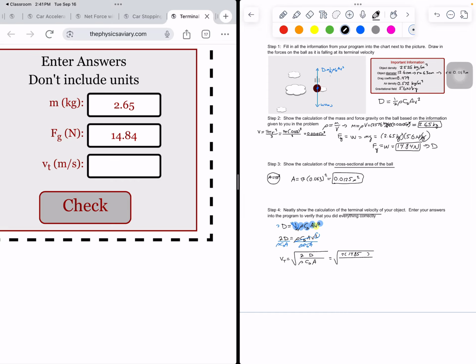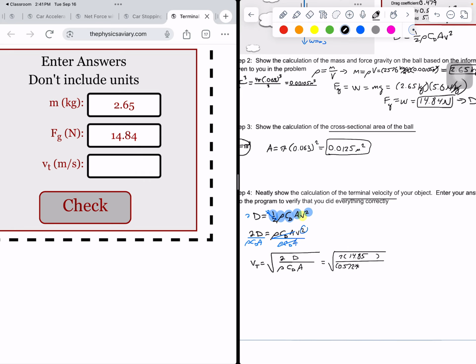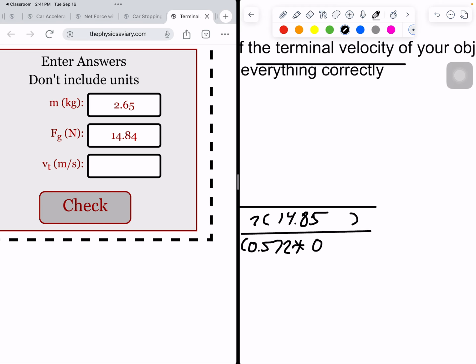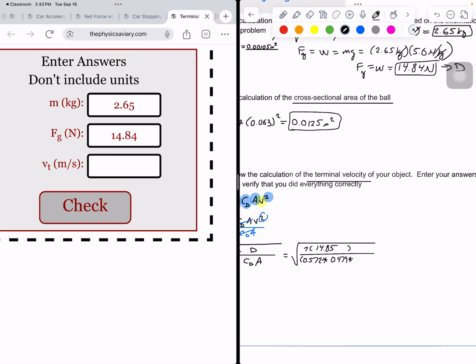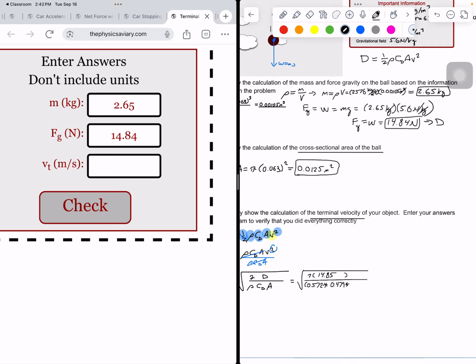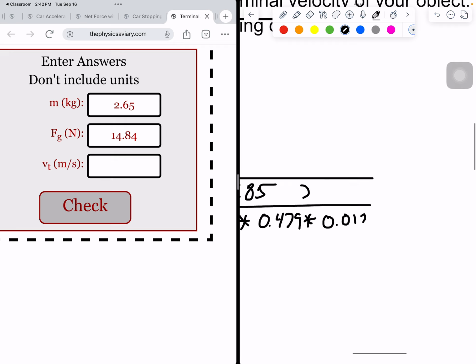Now I want the air density for rho, so 0.572, times the drag coefficient, which is 0.479, times A, the cross-sectional area, 0.0125.